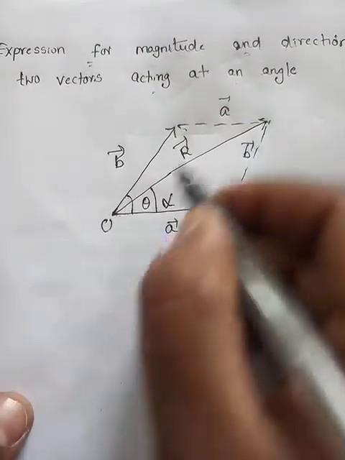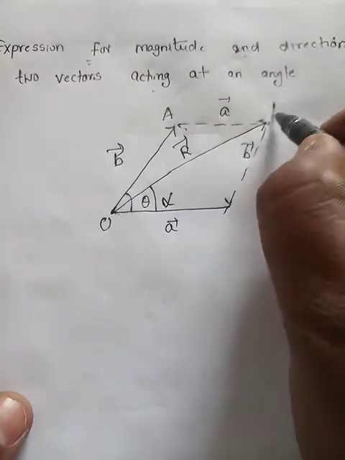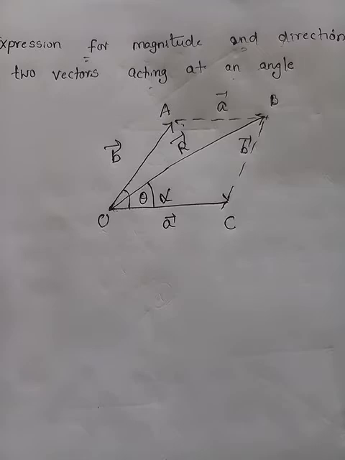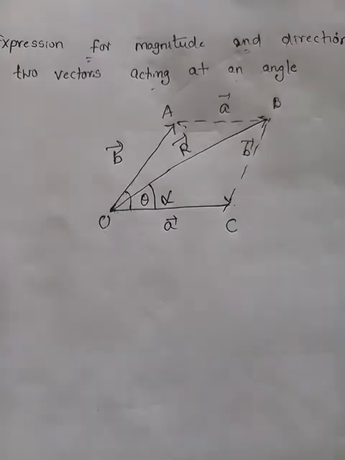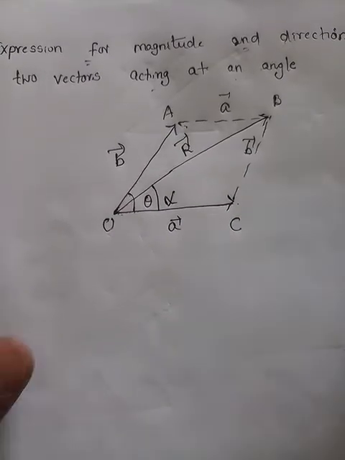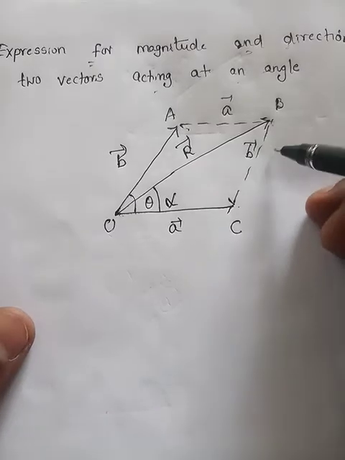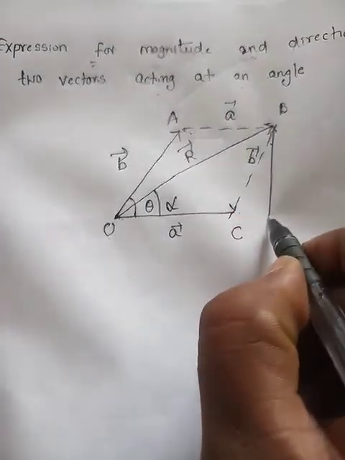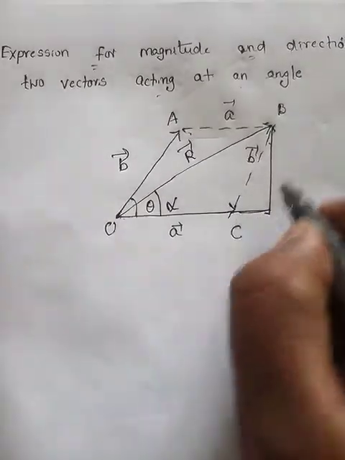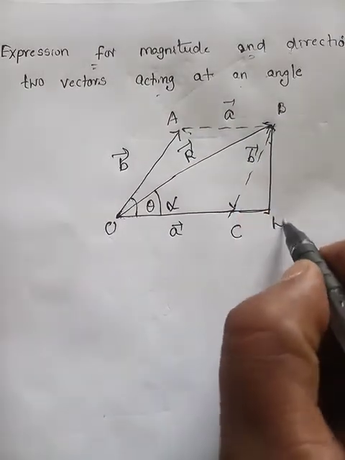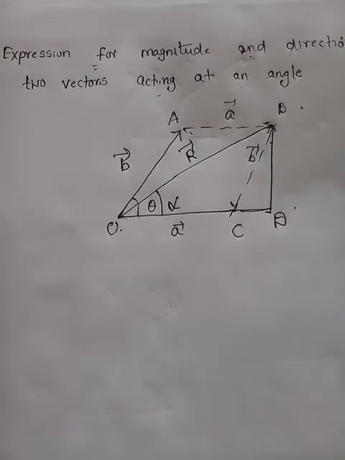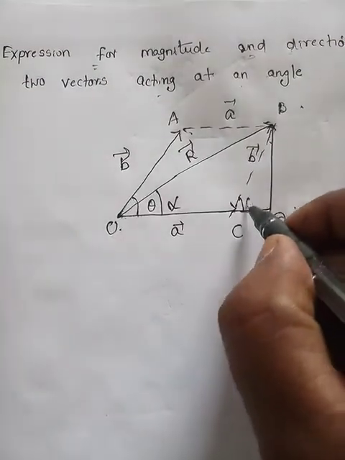So, let us take some points O, A, B, C. To calculate R, this should be a right-angled triangle, right? But this is not a right-angled triangle, it makes an angle. So, what can we do? We make it a right-angled triangle by extending and drawing a perpendicular from B to D. Now, see, OBD is a right-angled triangle. This angle is also theta.